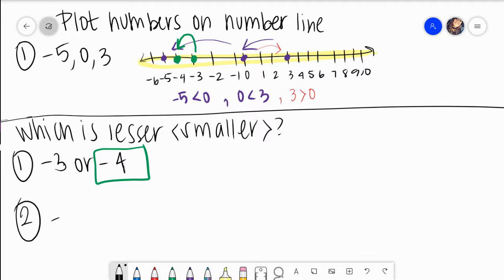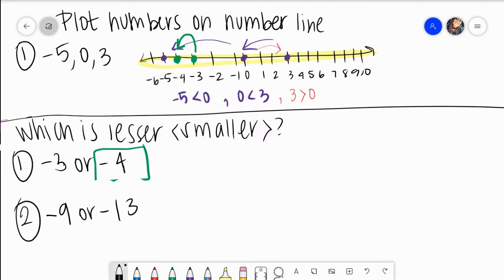Let's see about -9 or -13. Like I said, with negative numbers, if you just look at the numerical values, 9 and 13, and you're trying to figure out what's smaller, it's going to be the larger the number is.